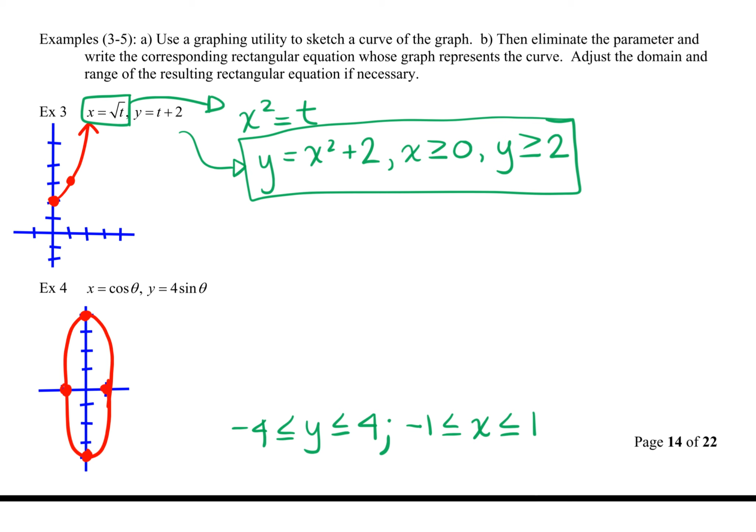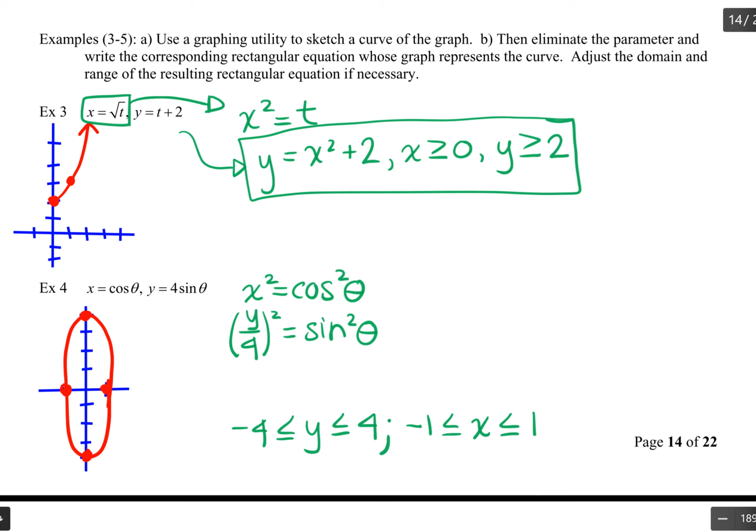So I'm going to square each of my equations. For the first one, I'm just going to square the x equation. So x squared equals cosine squared of theta. Before I square the y equation, however, I'm going to divide by the 4, and then I'm going to square it. And I have y over 4 quantity squared equals sine squared of theta.